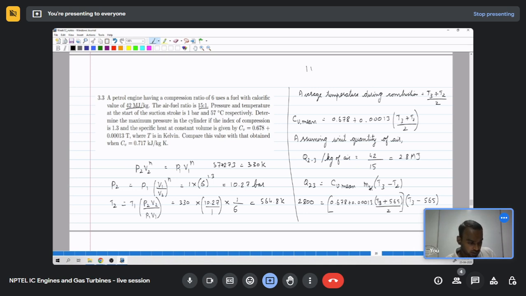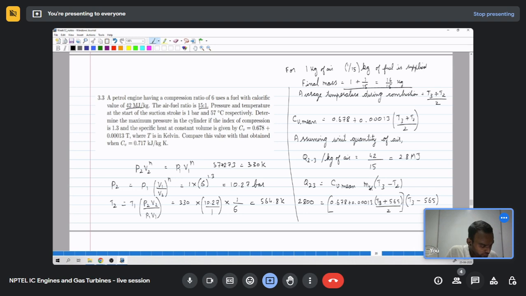So then final mass will be 1 kg plus 1 by 15 kg, so this will become 16 by 15 kg, and whatever heat is added, that will go to all the 16 by 15 kg of the mixture, right?